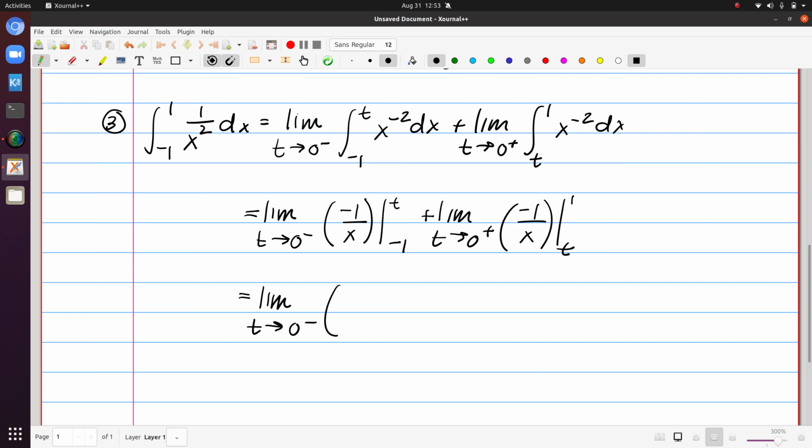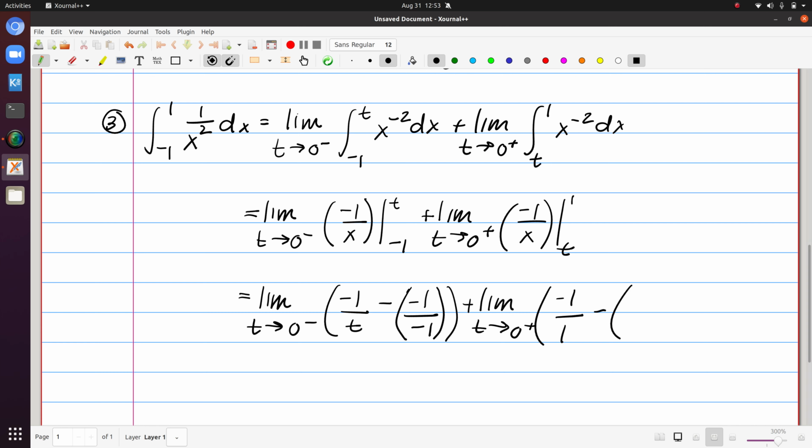In that case, we're going to get negative 1 over t minus negative 1 over negative 1, so that's going to be 1. Plus the limit as t approaches 0 from the right of negative 1 over 1 minus negative 1 over t.